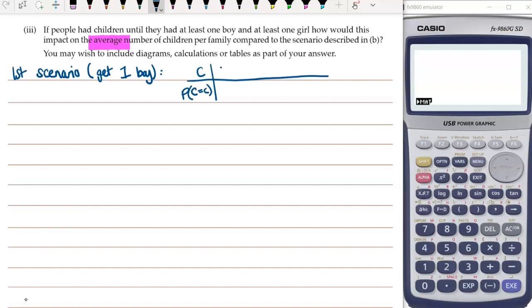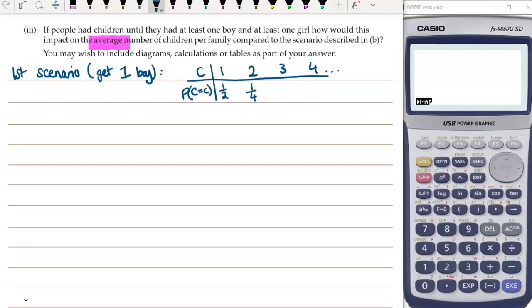So we'd have 1 child, 2 child, 3, and so on. So if the chance of getting a boy on the first go is a half, and then you'd stop. To get 2 children, you'd have to go half for the boy, half for girl, and then half for boy to finish. So a half times a half is a quarter.